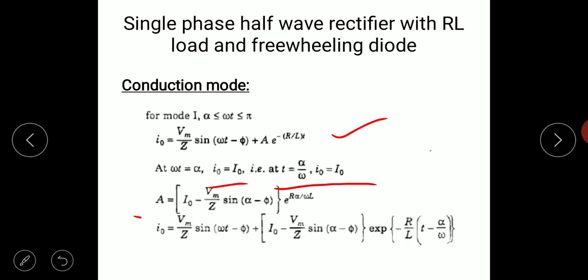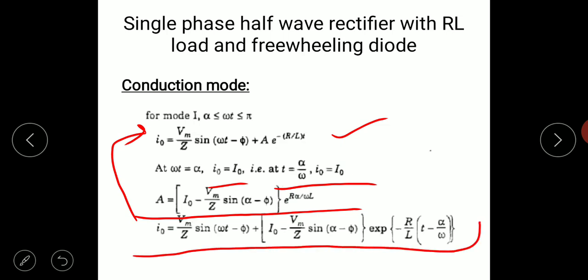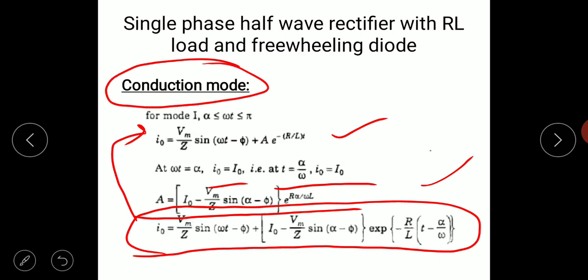By putting this, we will get the value of A, and by substituting A in this upward equation, we will get a final expression for load current I naught. But remember that this load current I naught is only applicable for conduction mode, when the current is flowing through the thyristor, not through the diode.